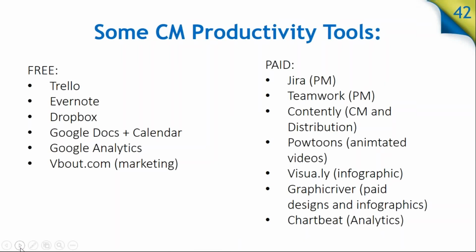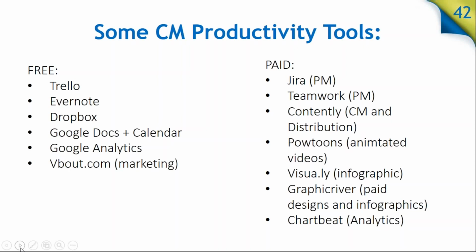So we're now at the end, and here we've put some tools that you can use for your content marketing to get started. There's some free tools just for getting organized, things we like to use or some companies like to use, like Trello, Evernote, Dropbox, really great for collaborating with teams. Vbout is really great for also using the software to amplify your content.